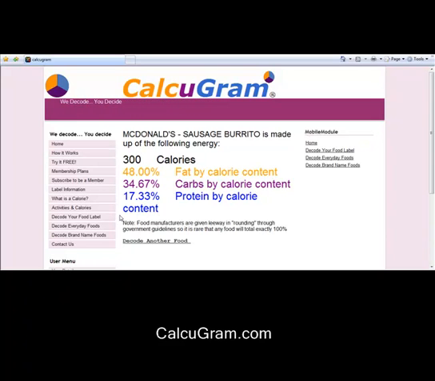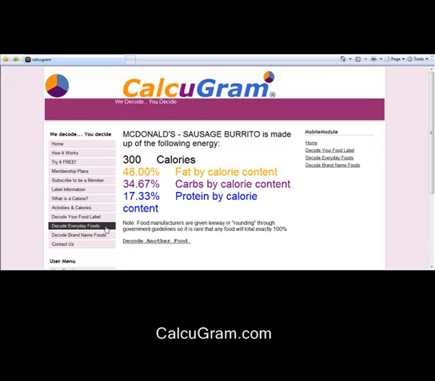So it's that simple. Under the decode your food label, that is called a bronze membership. And under the bronze membership, you have an unlimited use of being able to decode food labels. Everyday foods, that is a silver membership.